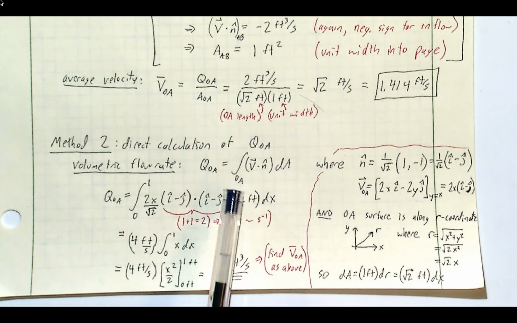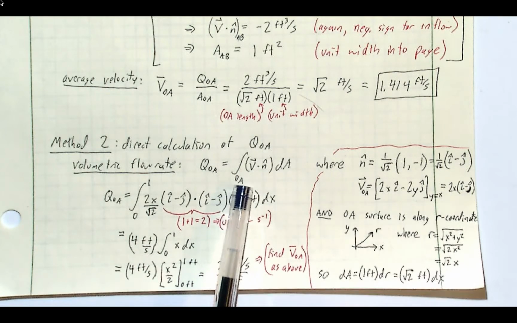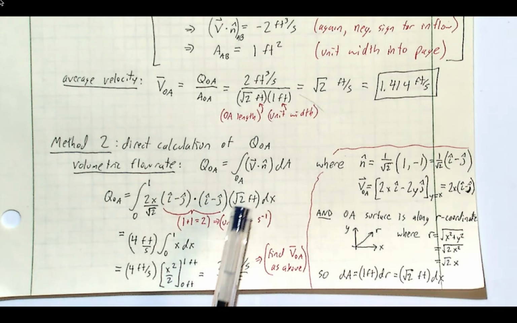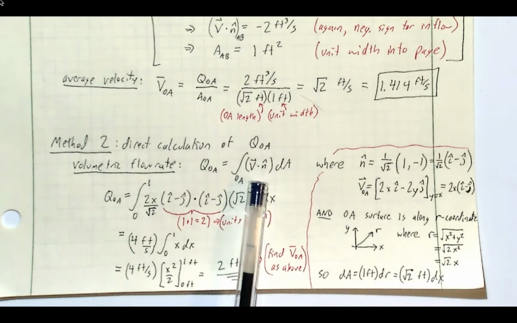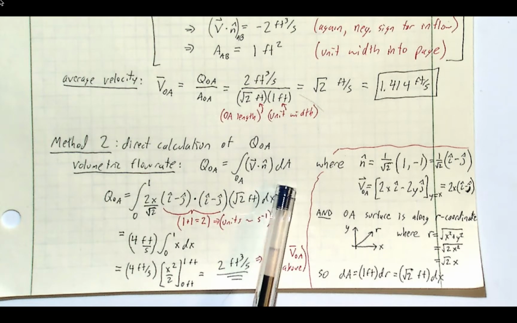But the volumetric flow rate, again, the definition is the same as we had above, but now we're directly doing it for the OA surface, so the OA plane. But again, it's just the velocity projected into the n hat direction integrated over the area of interest.